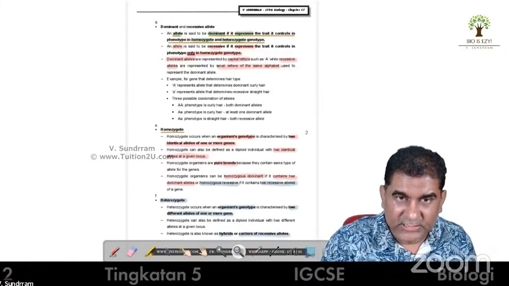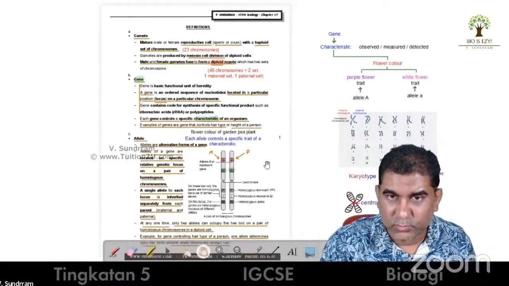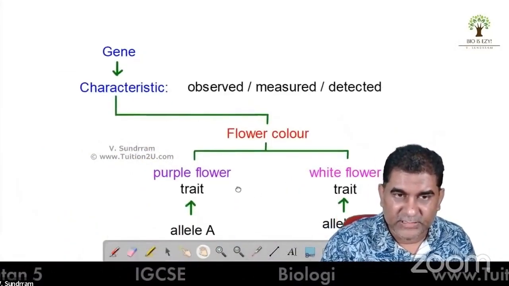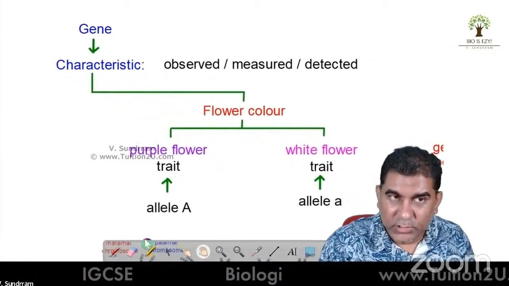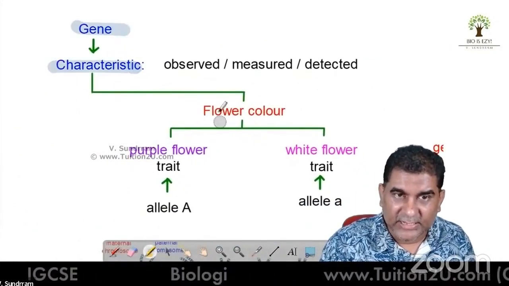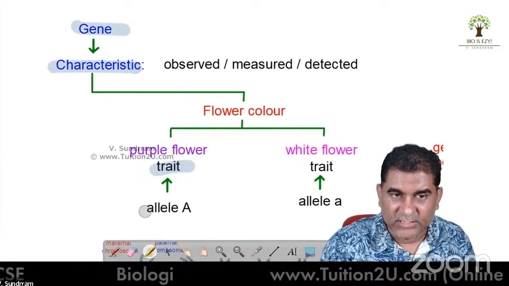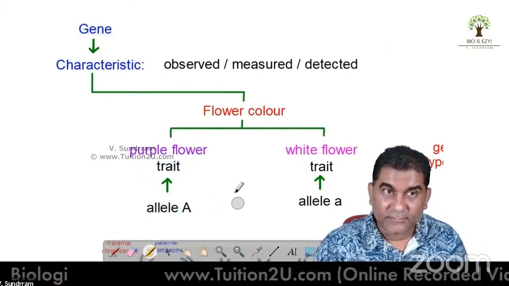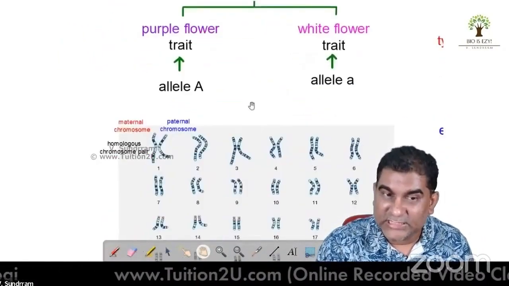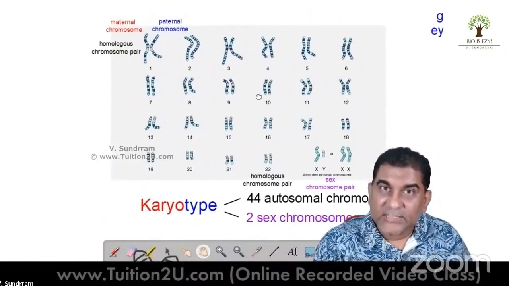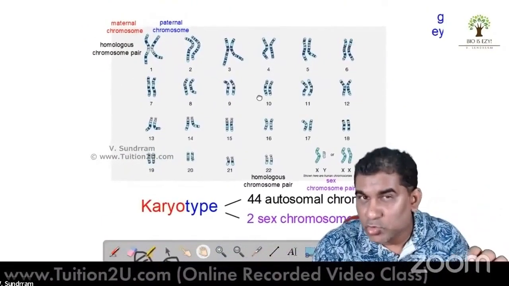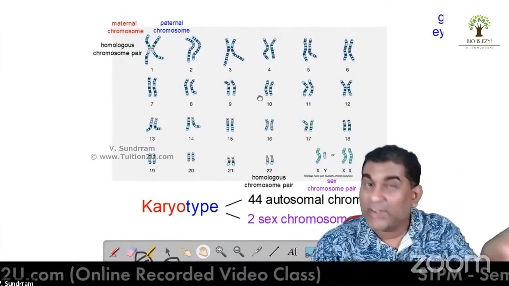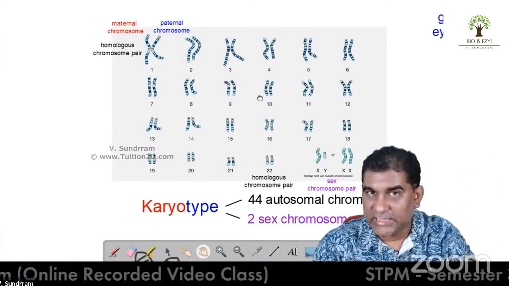And these pictures here are what I used to explain. Mainly this one is the first picture I used to make sure you know what is gene, what is characteristic, what is trait, what is allele. This diagram. After you know that, what is homozygous? What is sex chromosome? What is autosomal chromosome? What is homologous chromosome pair? What is karyotype? We use this diagram.